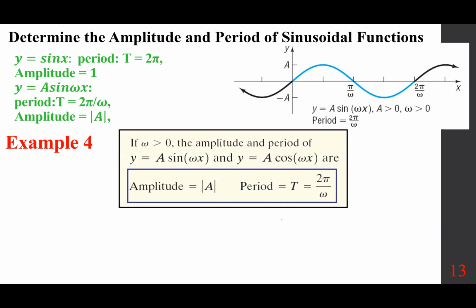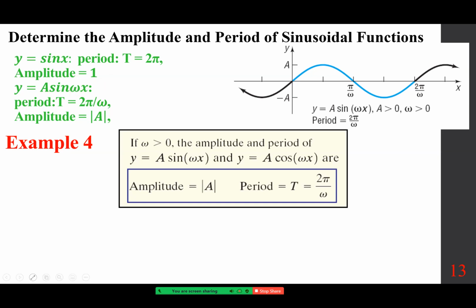All right, determine the amplitude and period of a sinusoidal function. Y is sine x, the period is 2 pi, meaning it's going to repeat itself after 2 pi, and the amplitude is 1. If we make it a little bit more general, a sine omega x, again, I can't emphasize this enough.